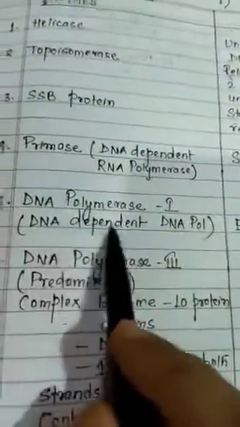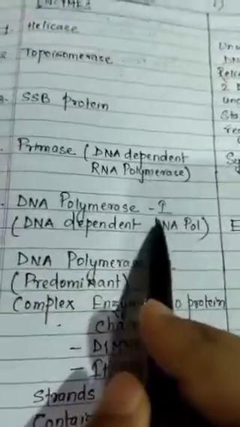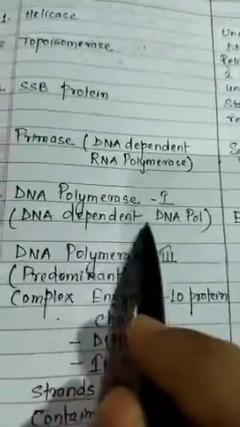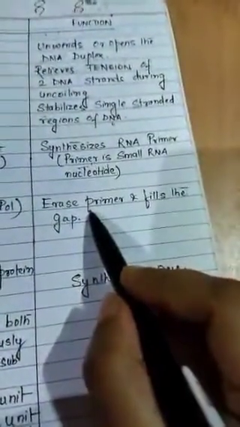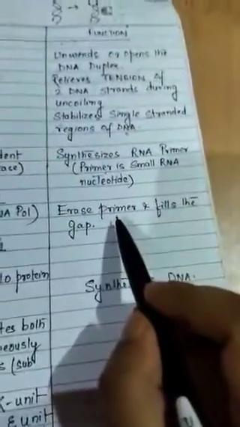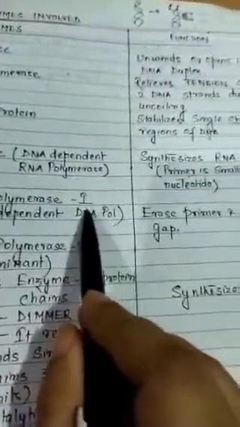Next we have DNA polymerase 1. DNA polymerase 1 is an enzyme which is DNA dependent. So it helps in the erasing of the primer. When the entire replication process gets over, the primers are removed by the same DNA polymerase enzyme.